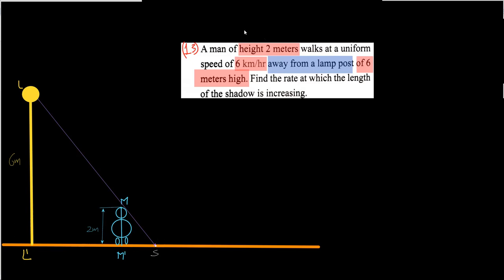M dash S happens to be the length of the shadow at any time t.